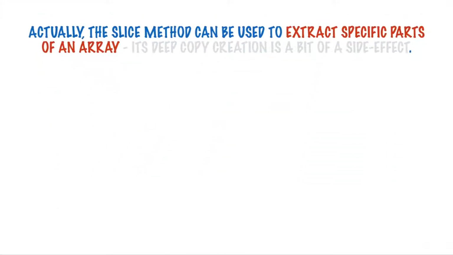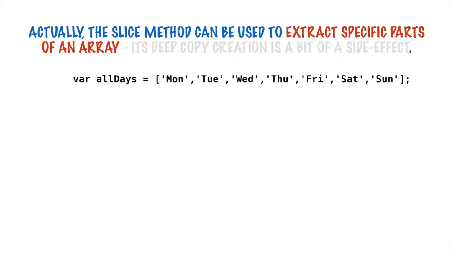Here is a typical use of the slice method. Let's start off with an array that we are familiar with, and that is the array which contains all the days of one week. So we have the all days array. It goes from Monday through Sunday. This is the original array that we are going to slice and extract elements from.